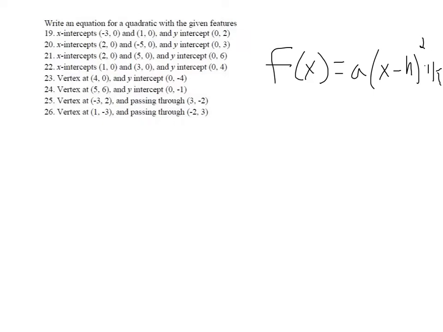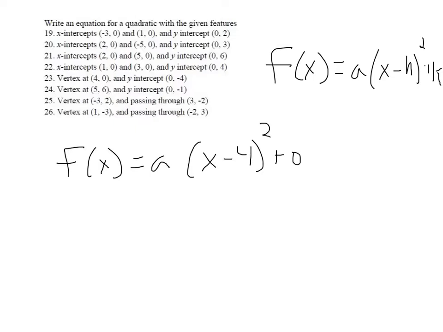Alright, since they're telling me the vertex is (4, 0), I can write f of x equals some stretch factor times x minus 4 squared plus 0. It doesn't really matter, I don't even really need to have that in there. And then I'm going to make use of the y-intercept. Well, we're basically finding f of 0.